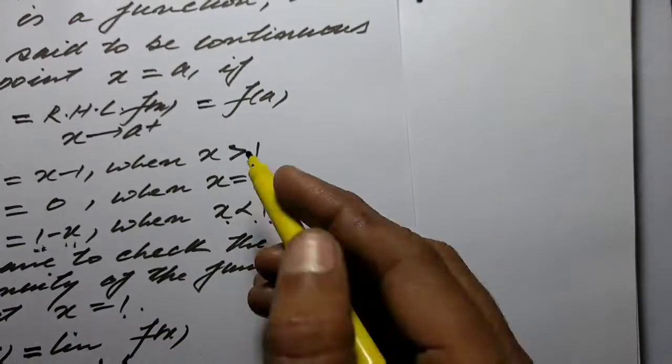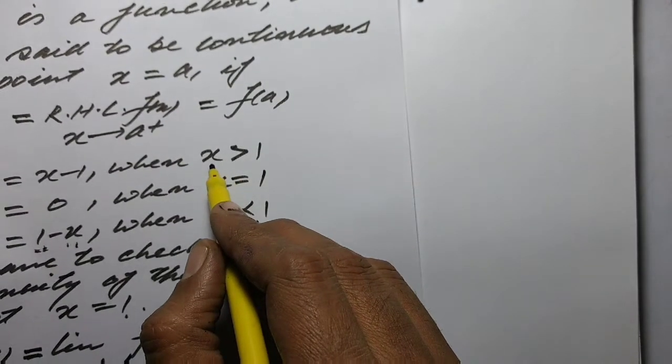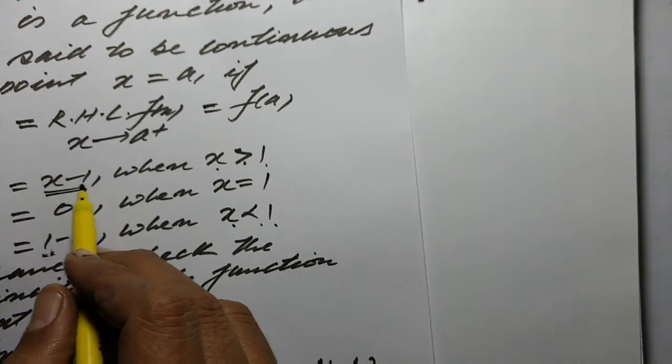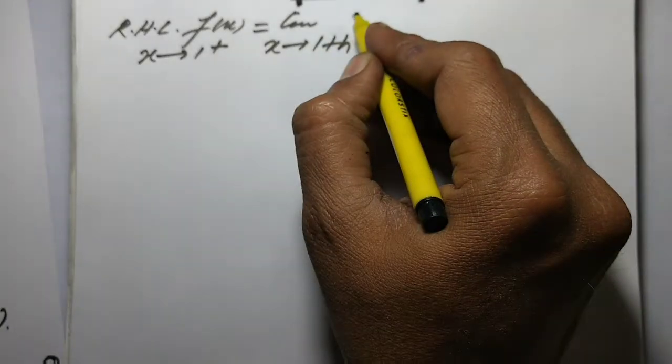So we see the condition x is greater than 1, and for that condition the value of the function is x minus 1, that is written here.